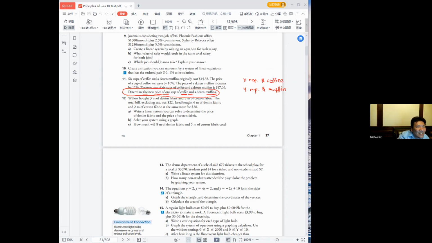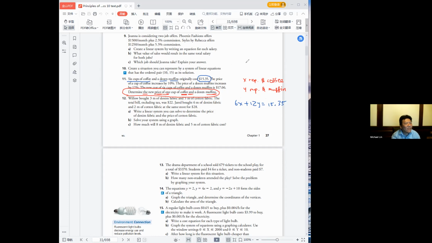X plus Y equals 15.35. Okay, but it says 6 cups of coffee and a dozen muffins is $15.35. 6x plus 12y equals 15.35. Good. Okay, that's a little bit more reasonable.